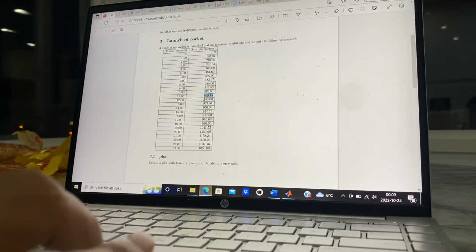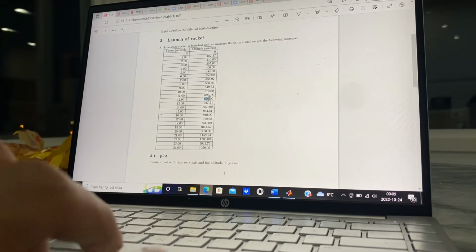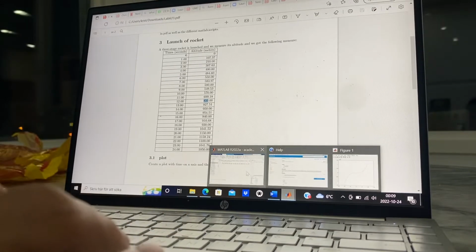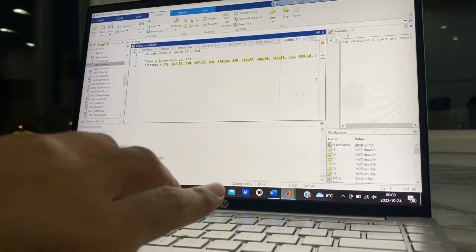This isn't very fun to do, but there's no choice than to put all the numbers in the brackets.